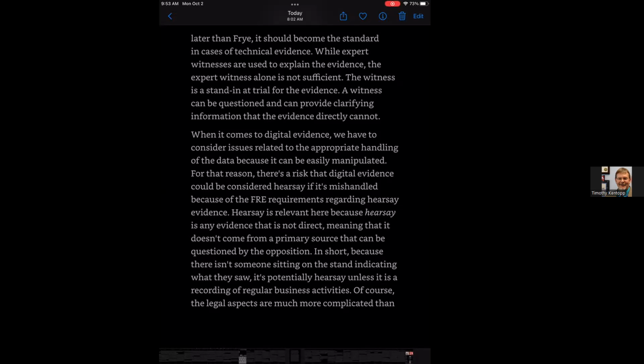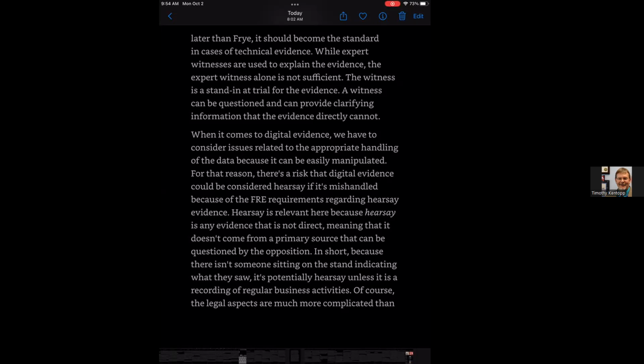Now, what does that have to do with the landmark court case? Well, here's where it gets really interesting, and this is where, as soon as we explain this next part, we're going to stop for the day. Okay? Expert witness alone is not sufficient, right? So it's the evidence that's actually the component of testifying, right?